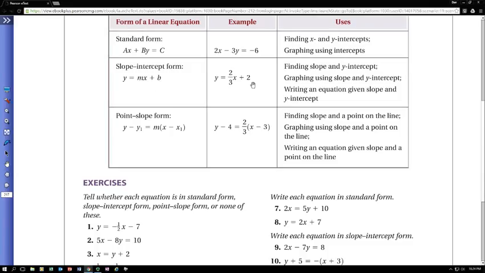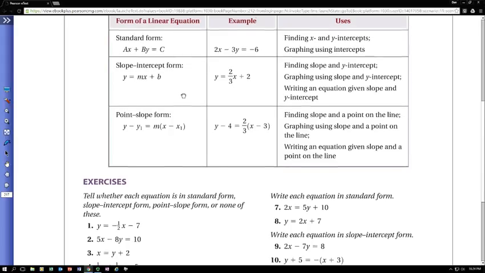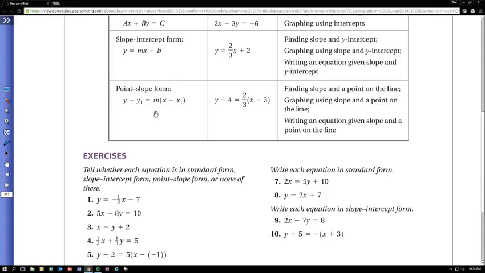So if it's in this form, I can easily say, hey, the slope's 2/3, crosses the y-axis at 0, 2. The point slope form, which is useful when I have a point and a slope and I want to get an equation, is this one. I have y minus the known y-coordinate of a point that I have equals the slope times x minus the known number from that point that I have for the x-coordinate. So in this case I would have the point 3, 4 with the slope of 2/3. I can write this equation.